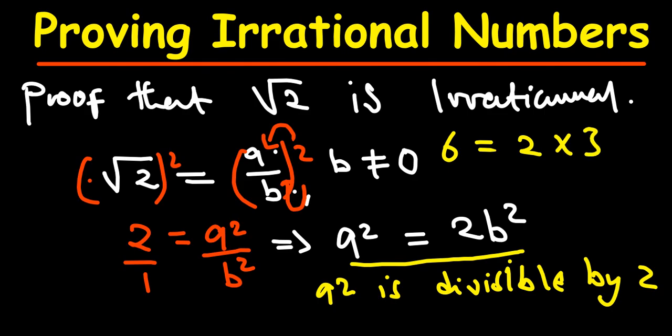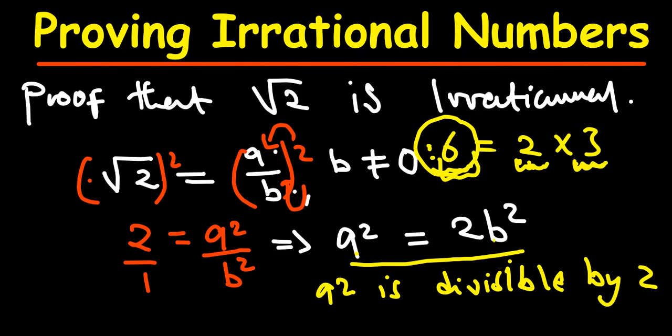The situation here is that this 6 is divisible by 2. Whenever you multiply any number by 2, in this case this number is 3, we multiply it by 2, the answer that you are going to get is going to be divisible by 2. No wonder here we're saying a squared is divisible by 2.